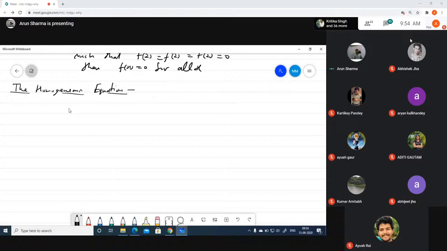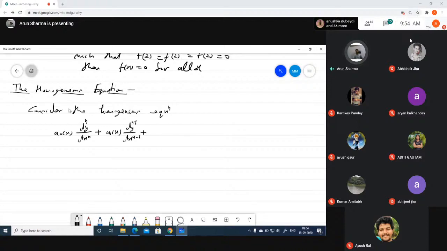So consider the homogeneous equation: a0 x d^n y upon dx^n plus a1 x d^(n-1) y upon dx^(n-1) plus ... plus a(n-1) dy upon dx plus a_n x y equals to 0.